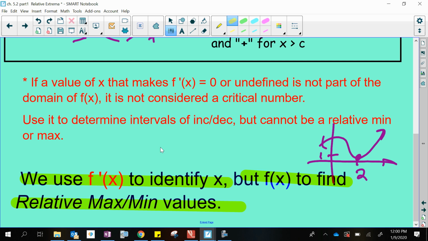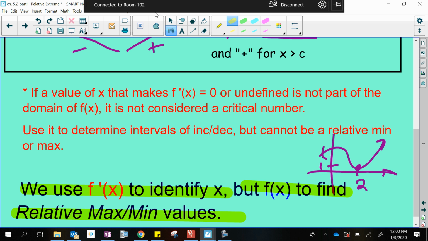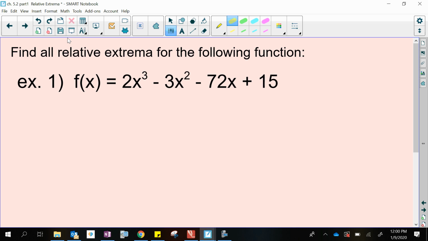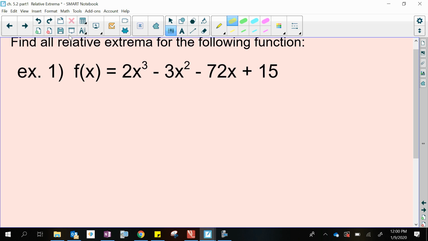Okay, questions about that? Okay, so let's try one. We want to find the relative extrema for this function. Again, the first part of this looks just like our homework. So what are we going to do? Take the derivative.